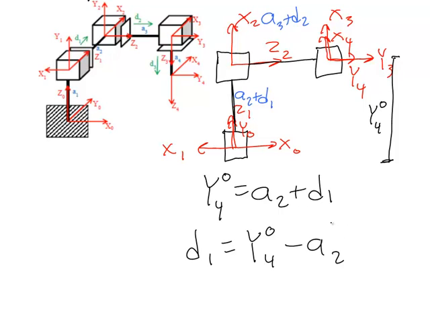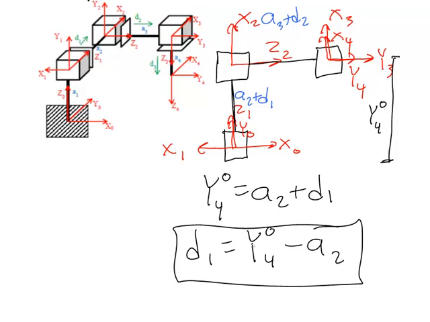And that gives me my third equation. So I now have three equations and three unknowns, x, y, and z locations of the end effector that I can use to calculate the joint variables to get my end effector to a specified x, y, z location.